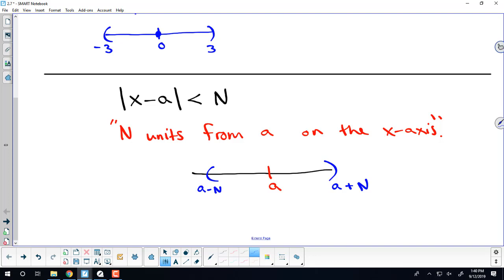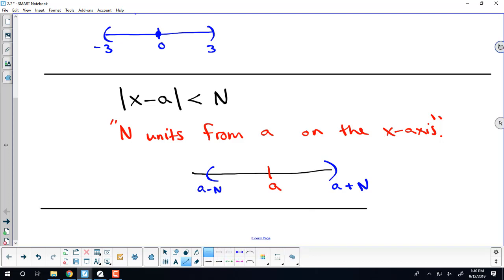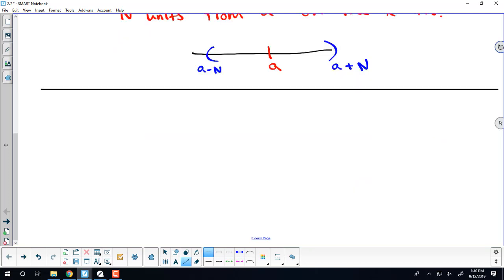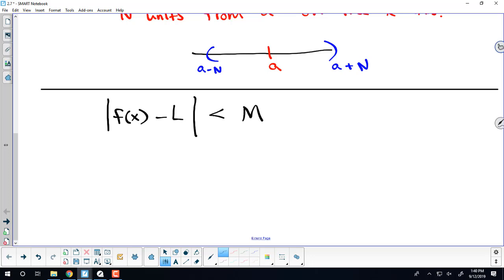Okay. And we have the same interpretation for the absolute value of f of x minus L is less than some other number, we'll say m. How is that interpreted in words?